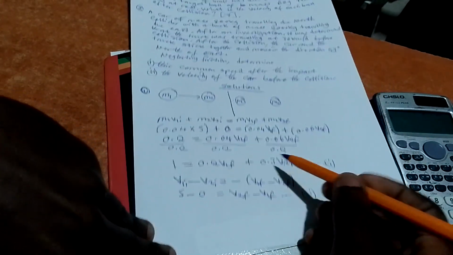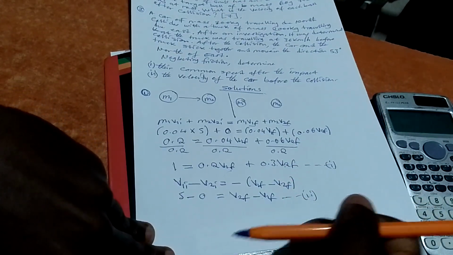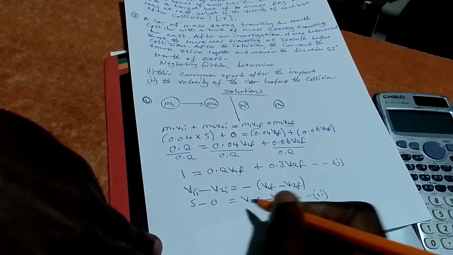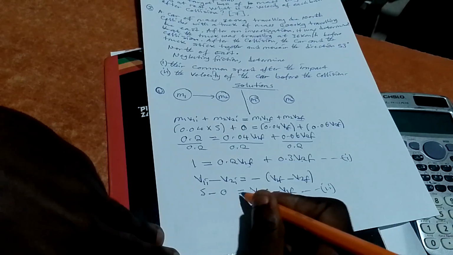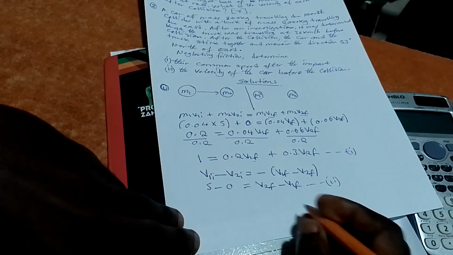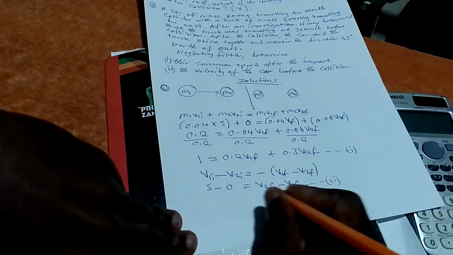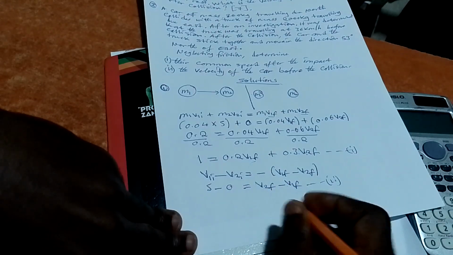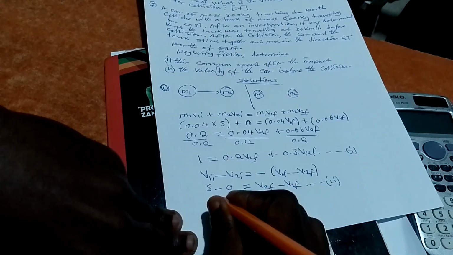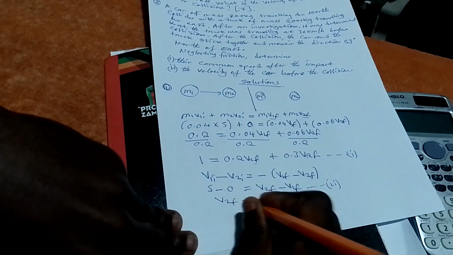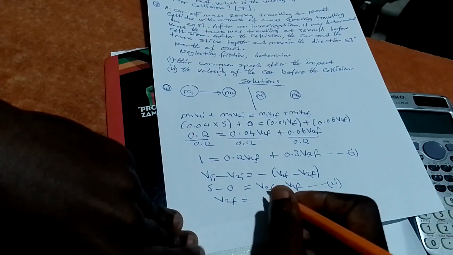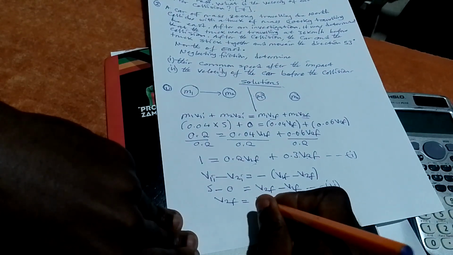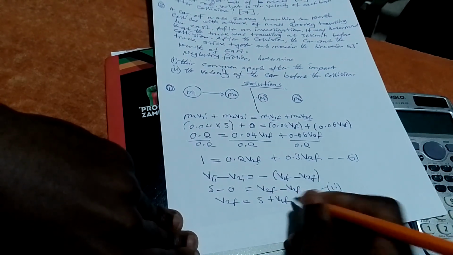So I'm going to solve this equation and this equation simultaneously so that I have V1 final and V2 final. I'm going to make V2 the subject of the formula from here. So V2 final equals 5 plus V1 final.